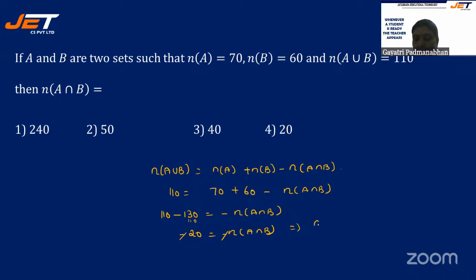Therefore, n of A intersection B is 20. So your option must be 4.